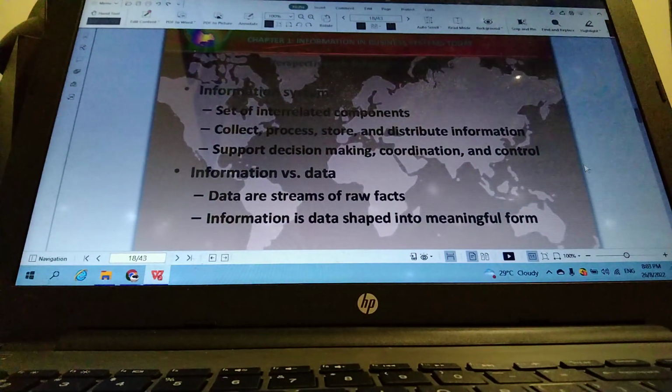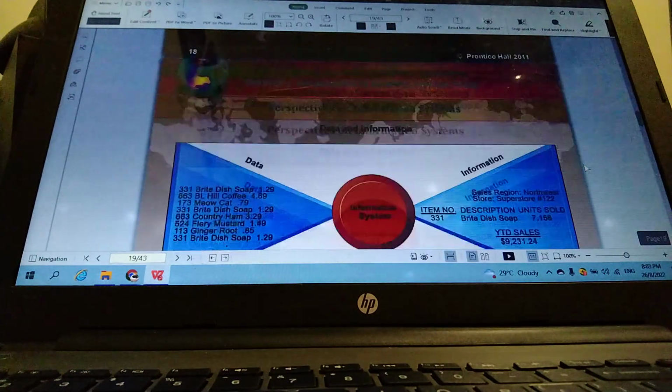Whereas information is data shaped into meaningful form, or processed facts. So that is the difference between data and information. Data are raw facts, whereas information is data shaped into meaning. So when data becomes meaningful and useful to us, we call it information.